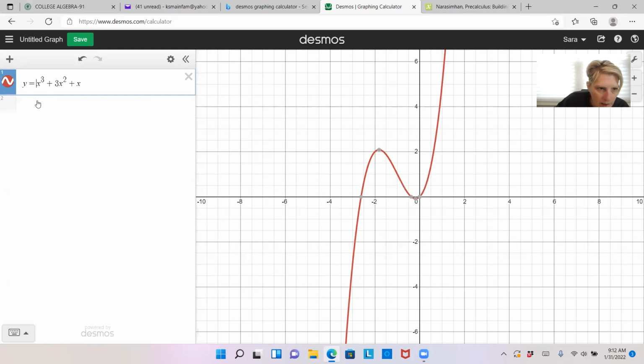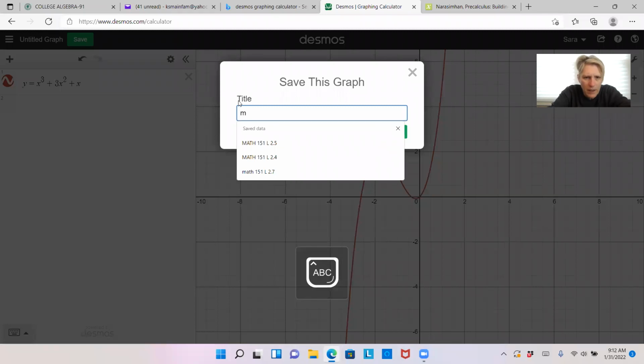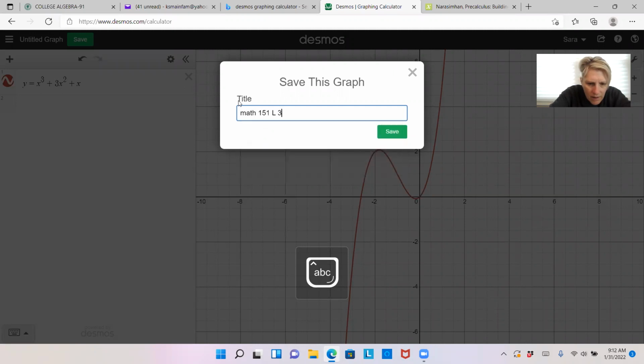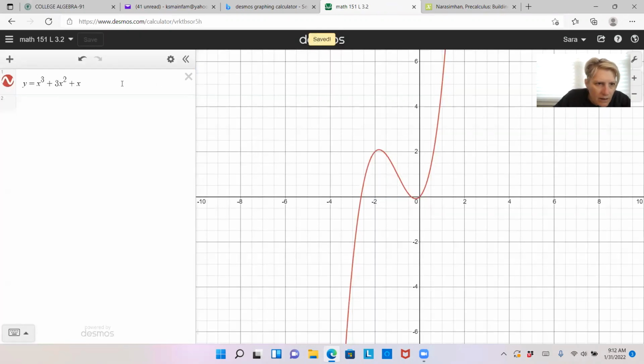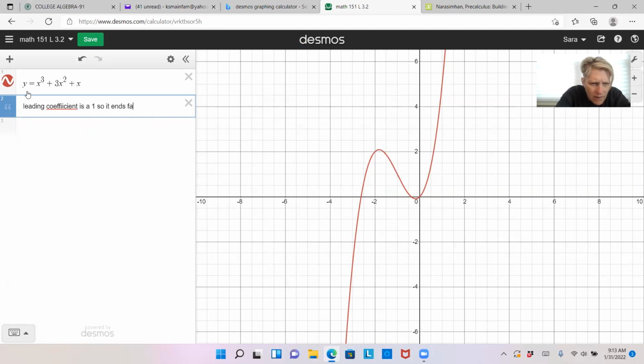So let's go ahead and just save this. I'm just going to say leading coefficient is 1, so it ends facing up.